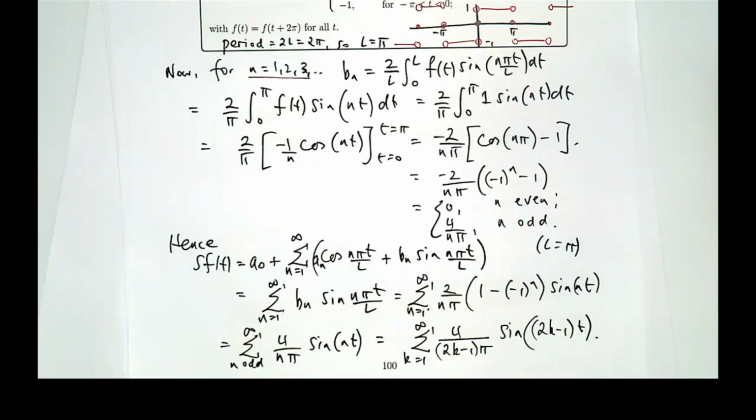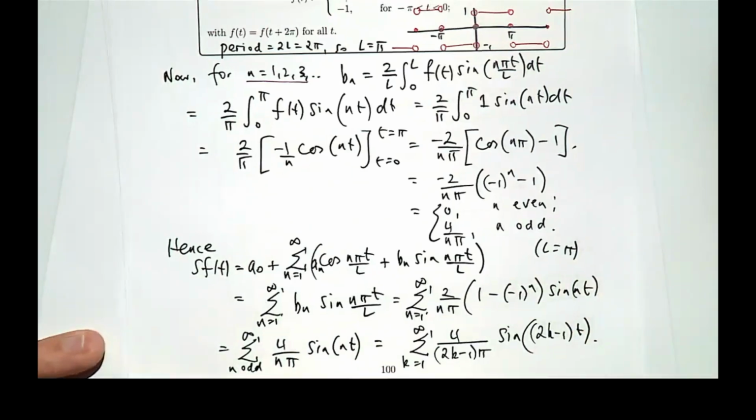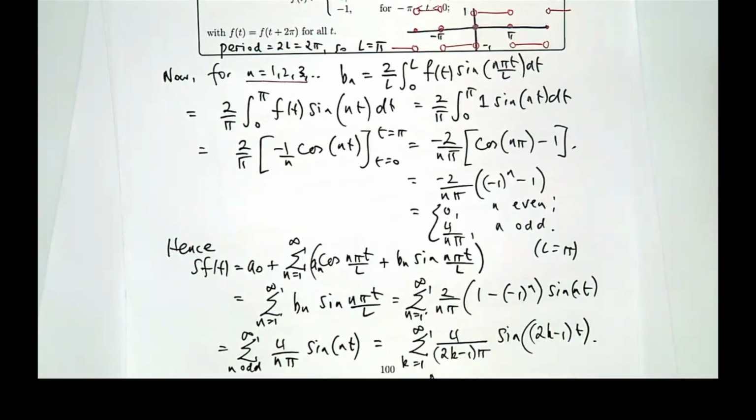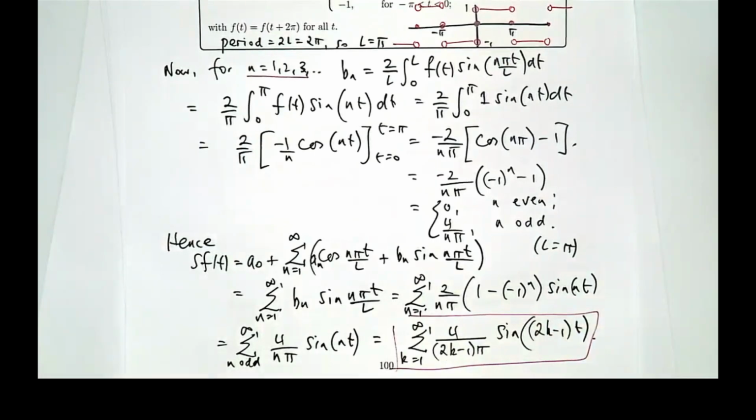If you're ever worried about it, and I do this all the time, I write out some of the terms. So let's just write out some of the terms and see what happens. I'll start with this one. Let's put in k equals 1. It'll be 4 on 1 times pi times sine of t.